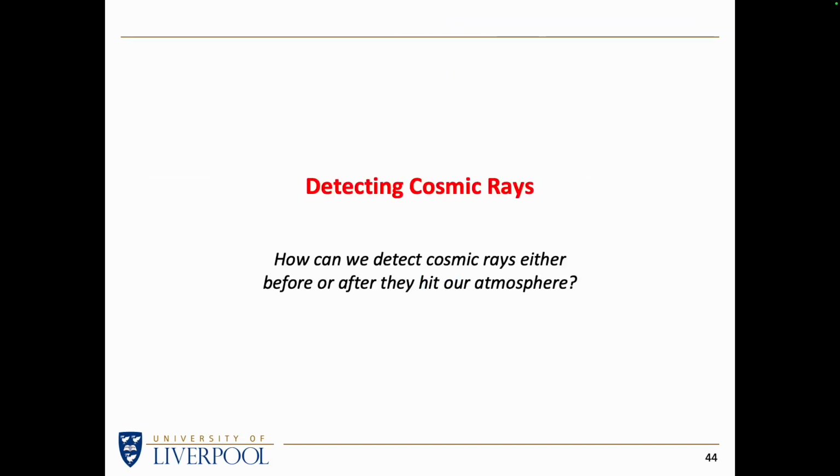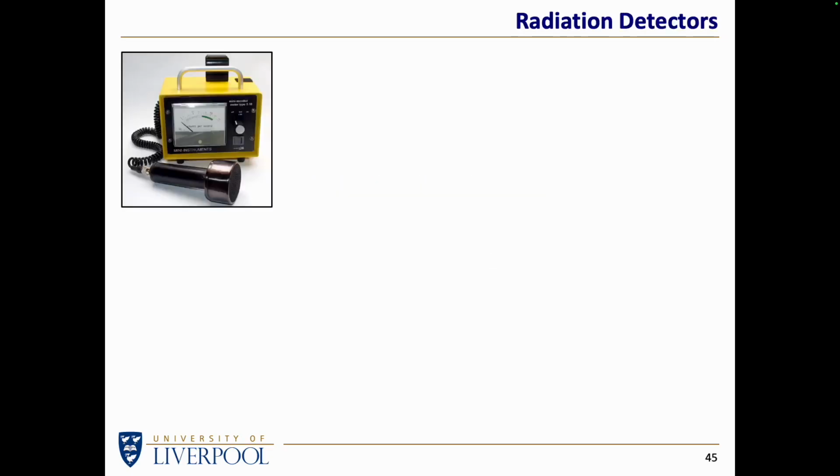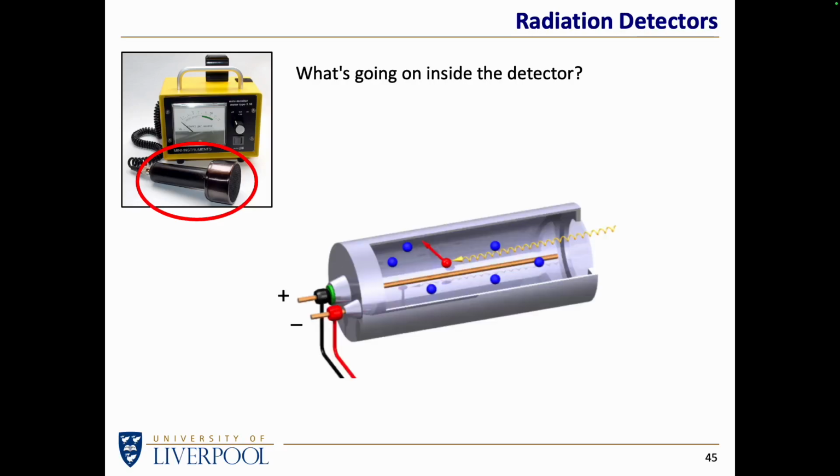So how do we detect them, either above the Earth's atmosphere, the primaries, or at the bottom of the Earth's atmosphere, the secondaries? Well, we've already seen one example, this Geiger-Müller tube, or Geiger counter, as we sometimes call it. What's actually going on inside that allows us to get click, click, click every once in a while?